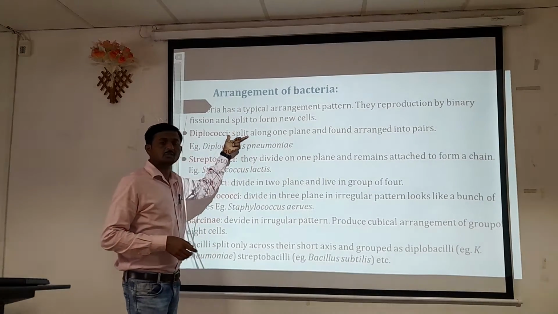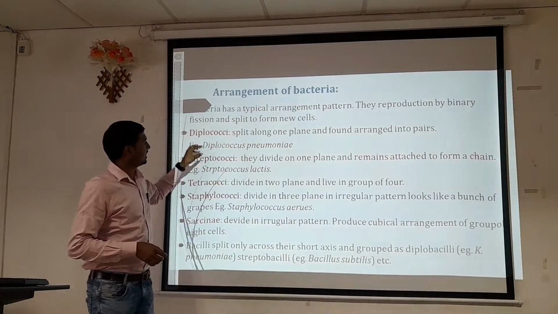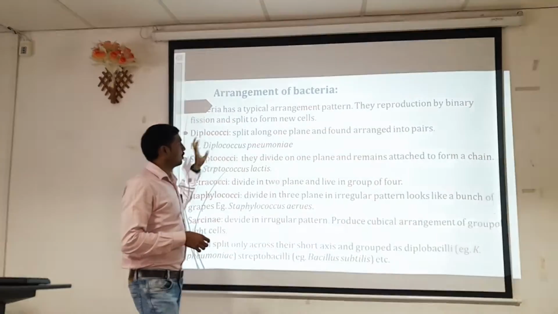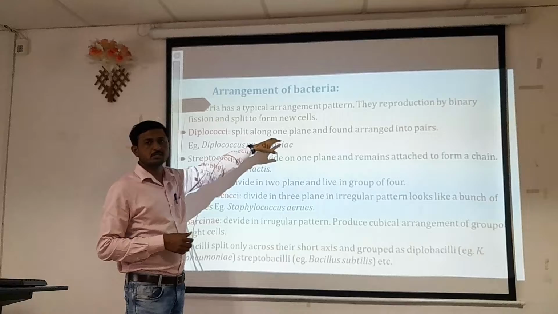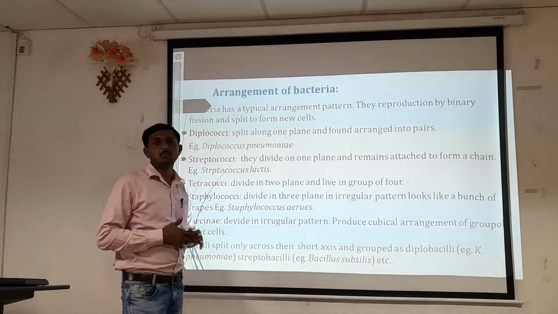That pair is called diplococci. An example of diplococci is Diplococcus pneumoniae. On the basis of that arrangement of the cells, that genus is called Diplococcus.